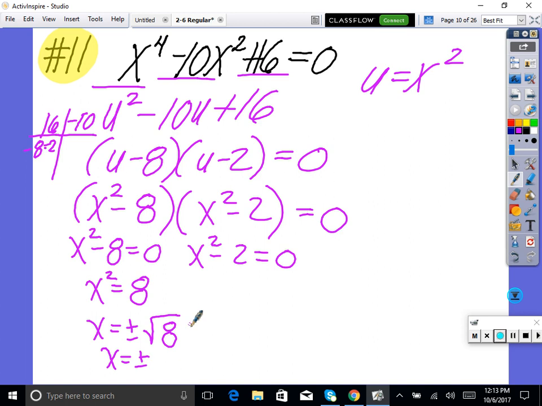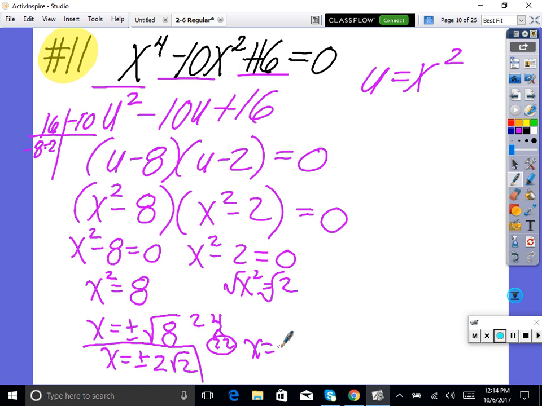So what do we pull out? 2 times 4, and then 2 and 2. So when we pull out a 2, 2 root 2. So we have plus and minus 2 root 2. And then right here we'll add 2. X squared equals 2, square root. So x is equal to plus and minus root 2. Degree 4, we should have 4 solutions, and we do. Yes, we'll always simplify our answers.